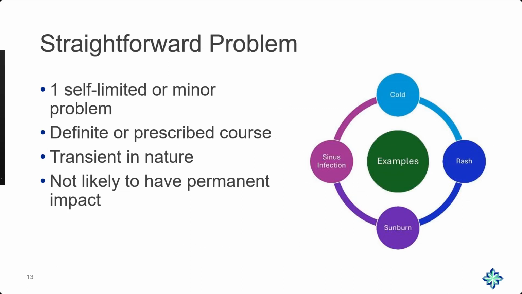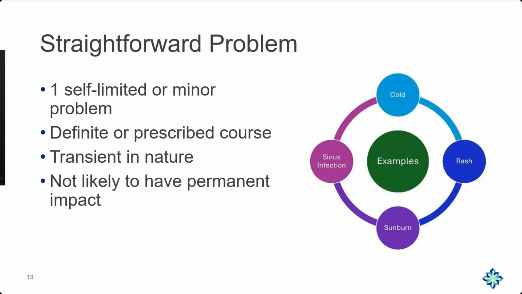If you're an otherwise healthy person, that is going to be a straightforward problem, okay? It's going to have that defined or prescribed course. Could be something that's transient in nature, and it is also not something that's likely to have a permanent impact. So another example, a patient with hypertension, a cold, they're otherwise relatively healthy, a cold could meet this definition.